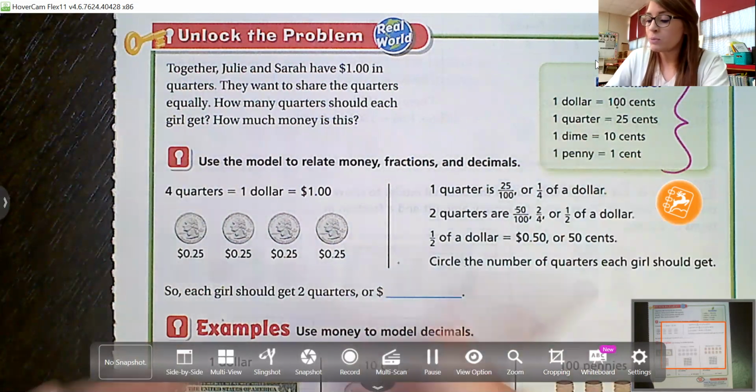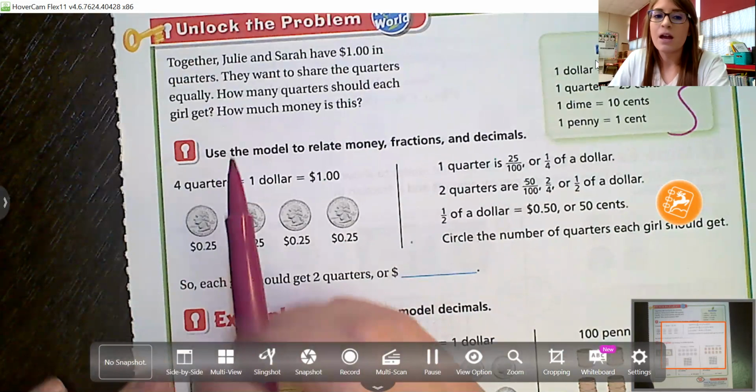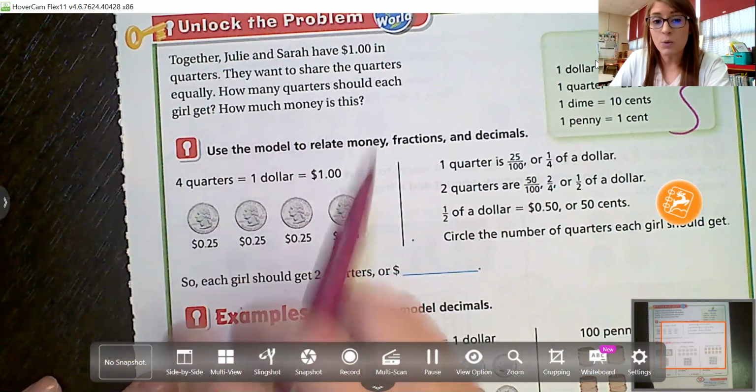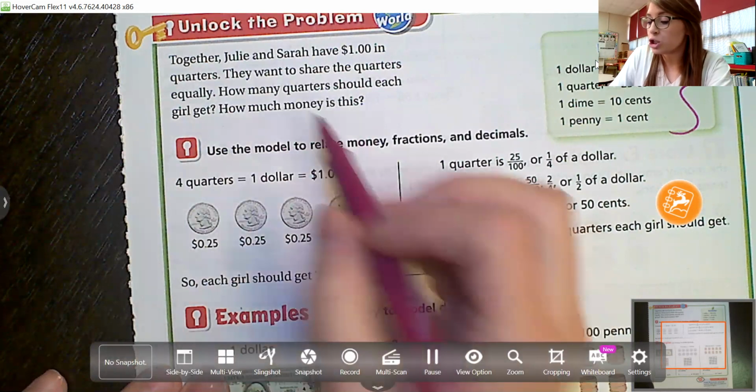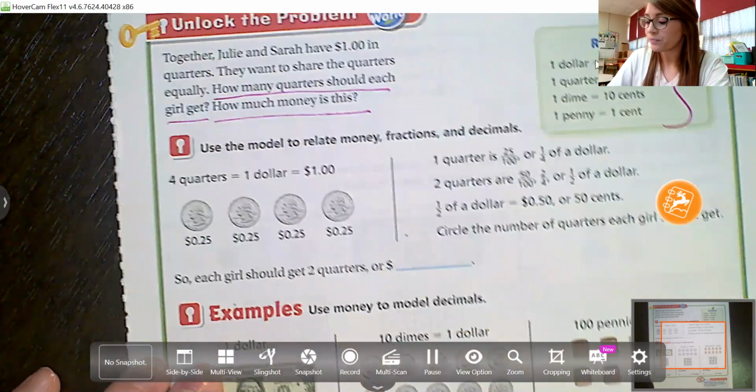This problem says together Julie and Sarah have $1 in quarters. They want to share the quarters equally. How many quarters should each girl get, and how much money is this?